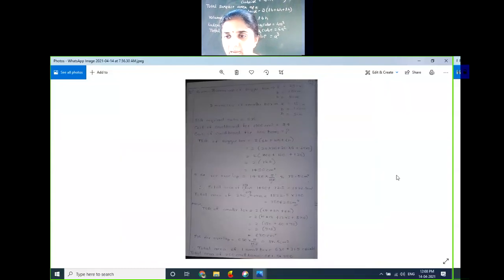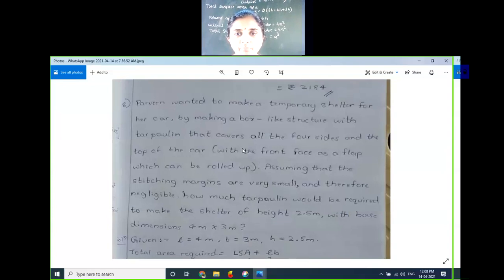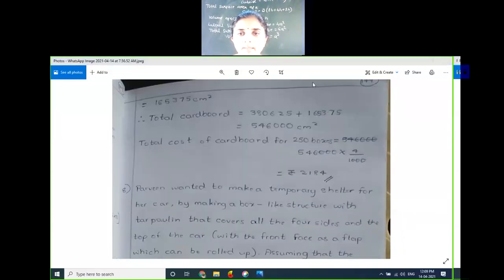So let us see the answer in the next page. Yes, here the answer is 1,65,375 centimeters square. Now, we have the 250 bigger boxes dimension and 250 smaller boxes dimension.